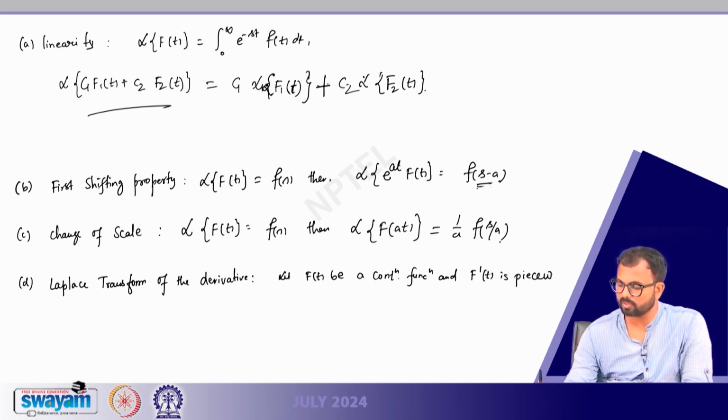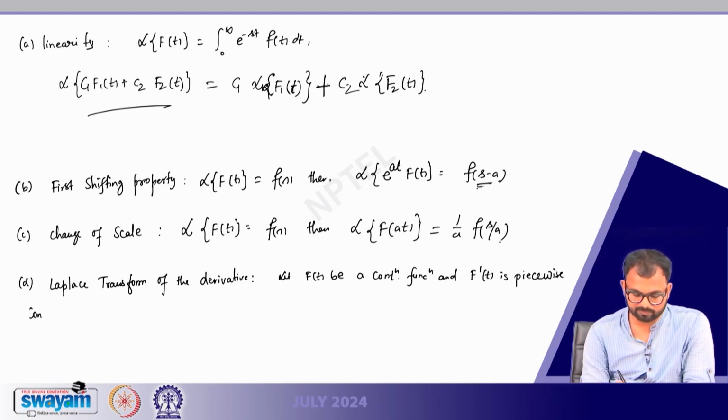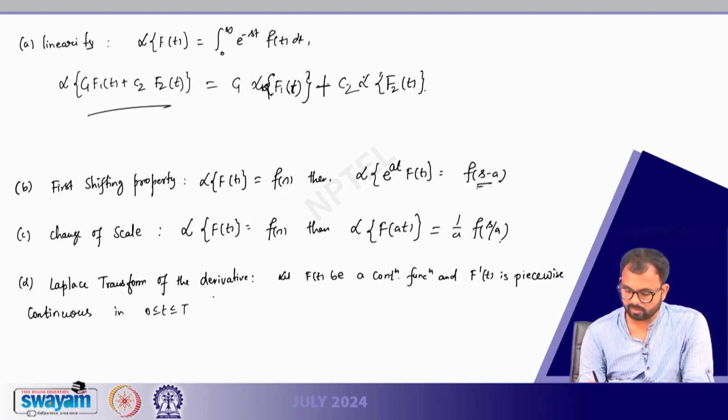Remember, for Laplace transform we do not need continuity, we just need boundedness of the function. Even if it is piecewise continuous, it will suffice. So f dash t is piecewise continuous in 0 less than t less than or equal to capital T for all t positive.